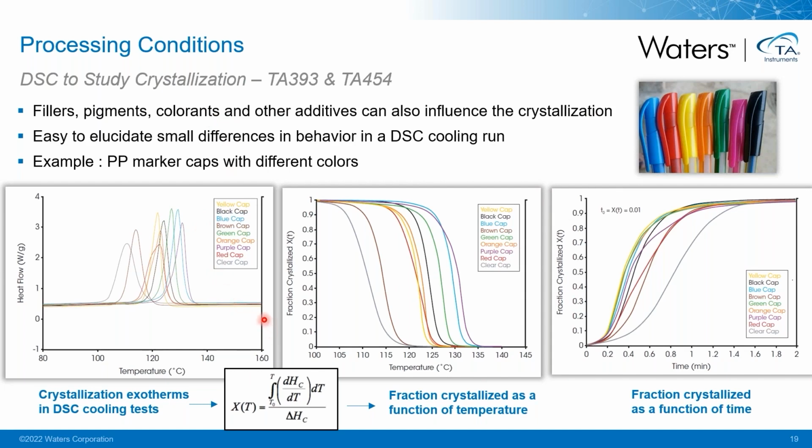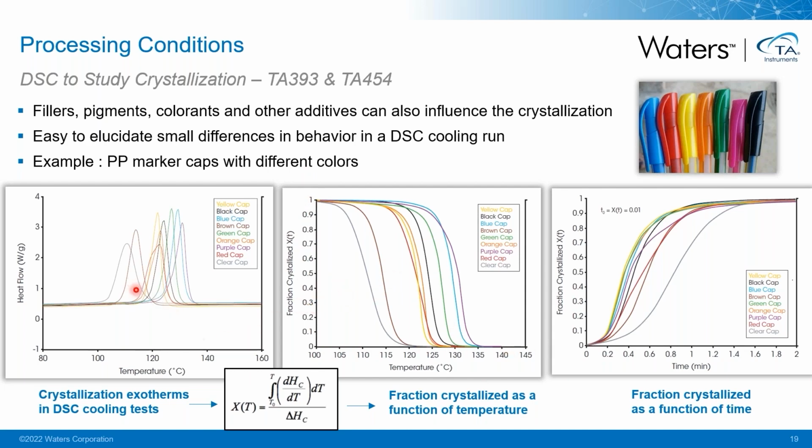And when you look at the DSC cooling run, you can see that the crystallization exotherm is very clearly different. For the clear cap, crystallization is only starting at much lower temperature than, for example, for the purple cap. In order to get a better idea how to make the interpretation of these runs, we can make a partial integration of those peaks, and we can then plot the fraction crystallized as a function of temperature.